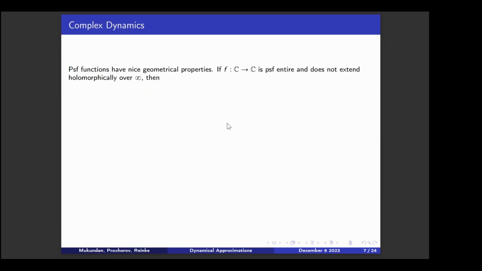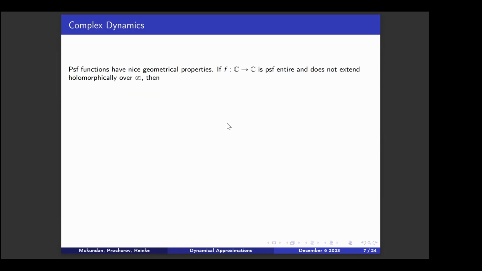So these are just some basic things that we care about a lot in complex dynamics: the Fatou set, the Julia set, the escaping set, and also the behavior of periodic cycles. And these things interact with each other. The kind of periodic cycles that you have often affect the structure of the Fatou set, Julia set, etc. So if you have a PSF function in specific, these have really nice geometric properties.